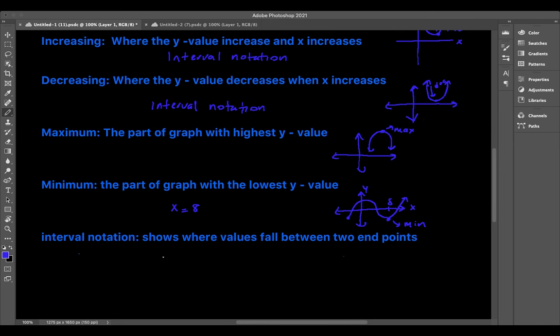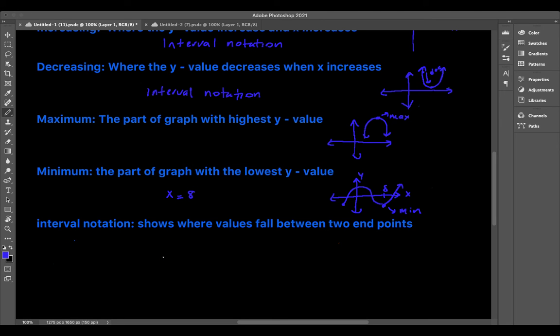Now the question is interval notation. Interval notation shows where values fall between two endpoints. Let me give you an example. Say we're looking for the increasing portion. Where is the graph increasing? Say we make a parabola here going this way.